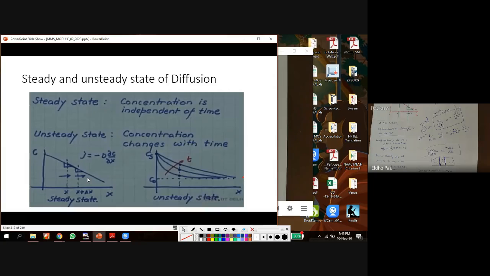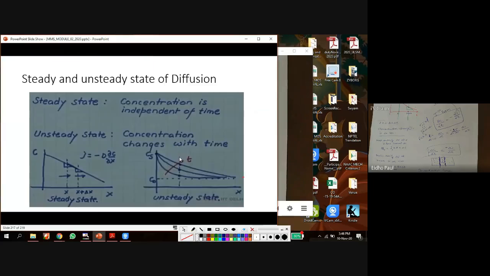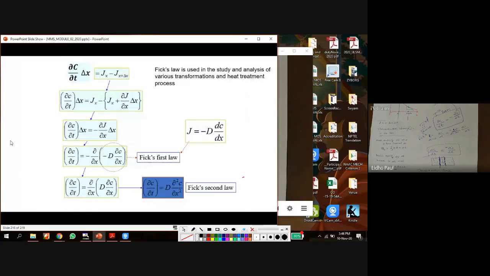In this differential equation, we use instantaneous time and instantaneous position, and since we are using instantaneous time and position, the variation of concentration with respect to time does not invalidate them. That is why we can apply these two laws for steady state and unsteady state. And one more thing, while deriving the second law, we apply the first law into the second law.